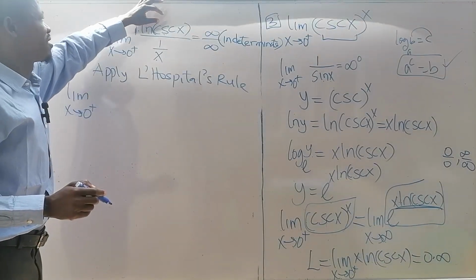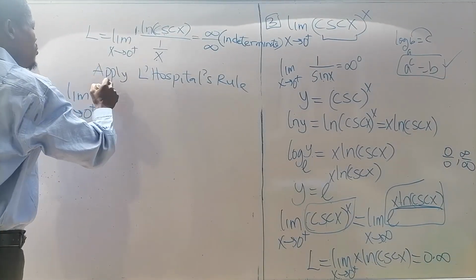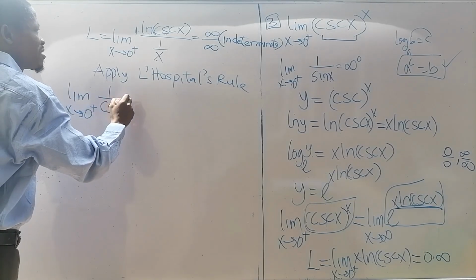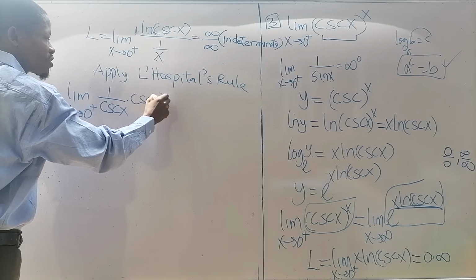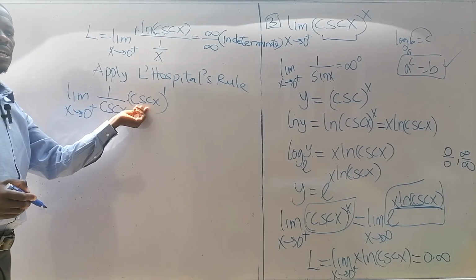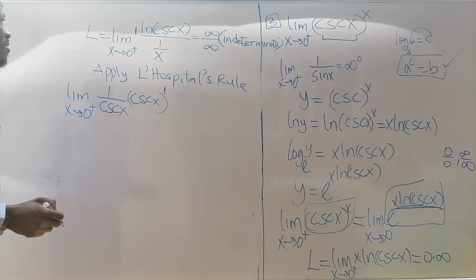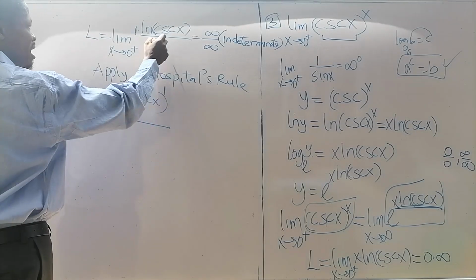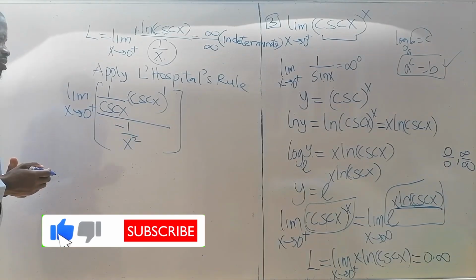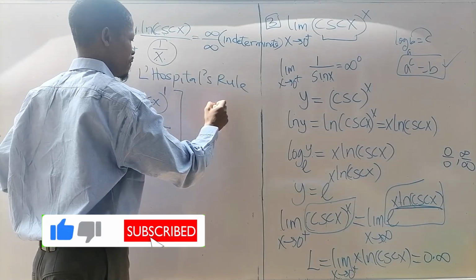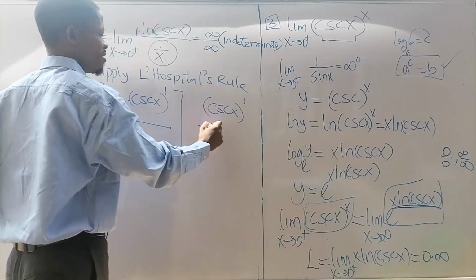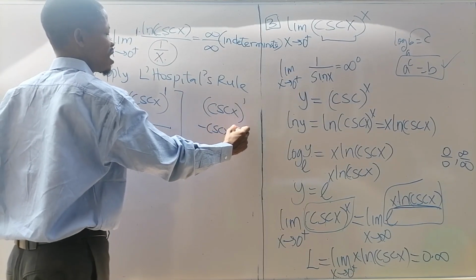We're going to differentiate this one. For natural logarithm, it's going to be 1 over the function times the derivative of that function. If you differentiate the denominator, it's going to give you minus 1 over x squared. The derivative of cosec x is minus cosec x cot x.